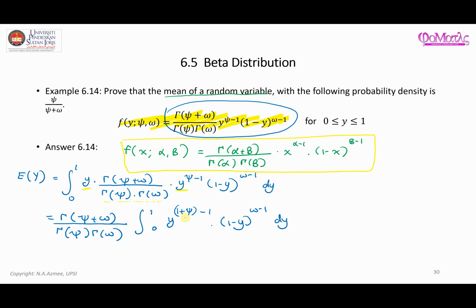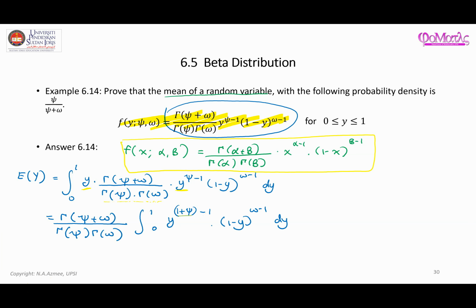Now there is a reason why I would like to write it in terms of something minus 1. My aim is to be able to write in terms of something minus 1. Why is that so? That is so because I want to be able to apply the result of the beta function. What is the beta function? Let me just rewrite the result.